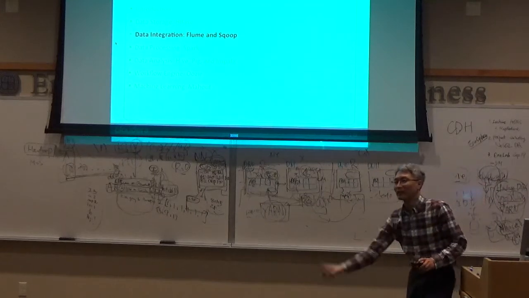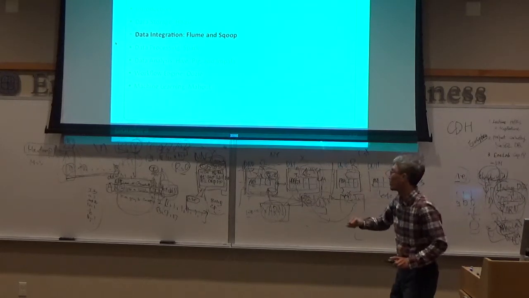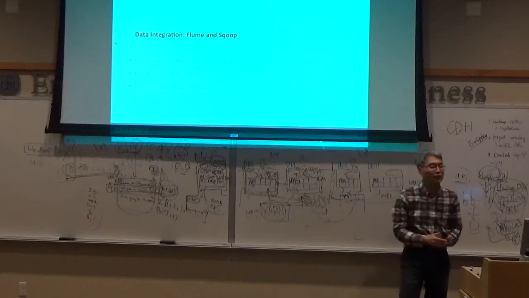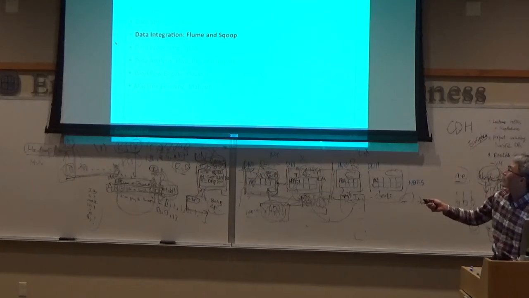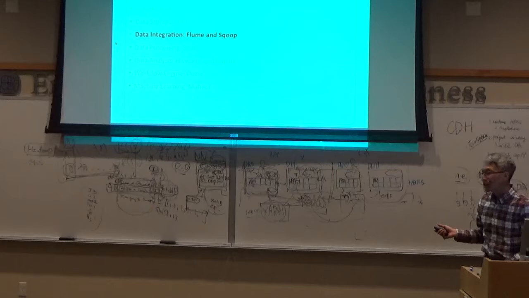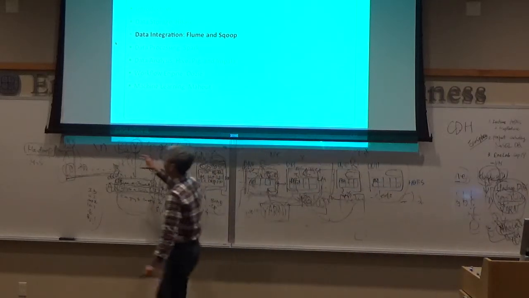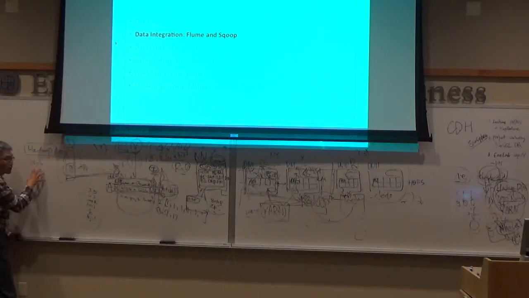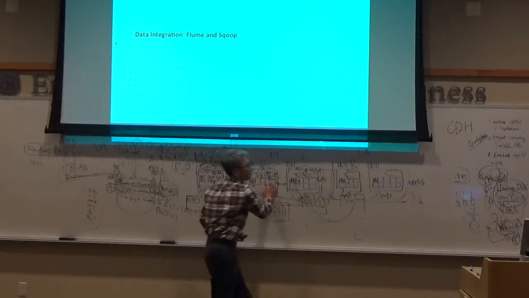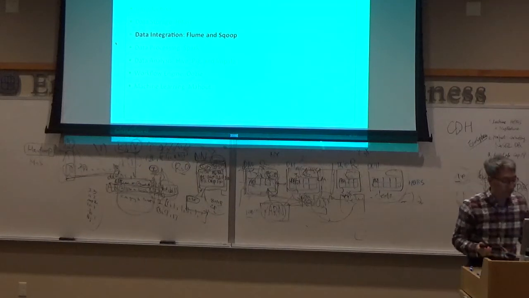Sqoop means you can scoop the data into HDFS. Flume is a kind of agent program. We have an agent program at the source node. Then whenever there is new data in the log, it is sent to HDFS. That is the flow.